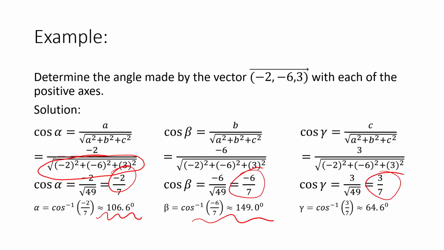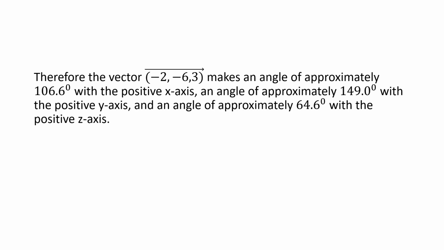Cos gamma will be 3/7, so gamma will be approximately 64.6 degrees. And so we can say the vector negative 2, negative 6, 3 makes an angle of approximately 106.6 degrees with the positive x-axis, an angle of approximately 149.0 degrees with the positive y-axis, and an angle of approximately 64.6 degrees with the positive z-axis.